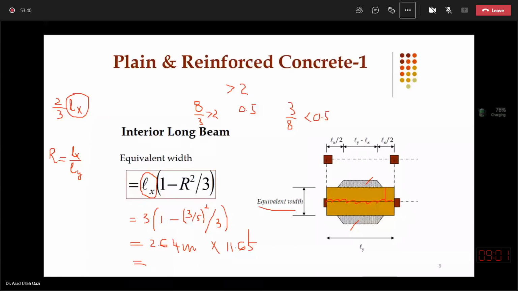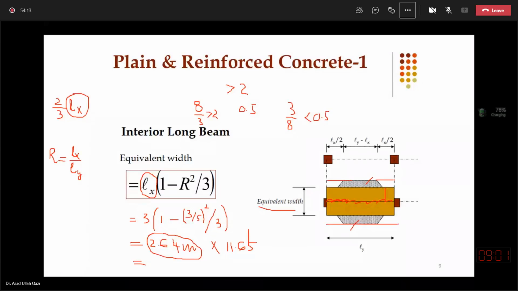Had it been a one-way slab, then obviously you would use the distance center to center, so 2.64 would increase to 3, as we did in our first example, where it was 8 by 3 and the total center to center was the load transferred to this beam. So rather than getting a triangle near the ends, we are getting the full width effective.